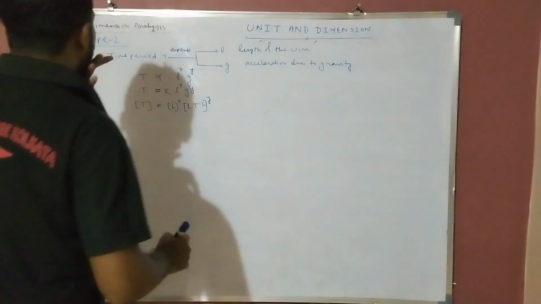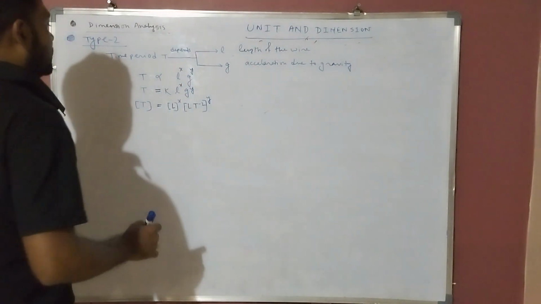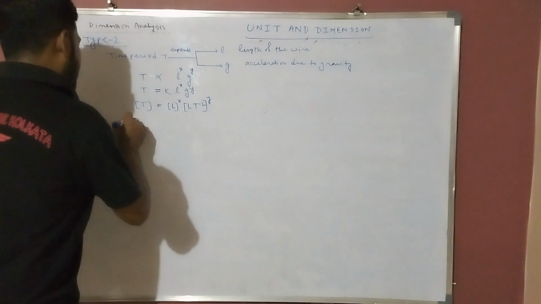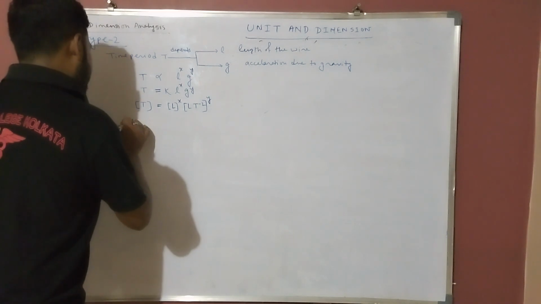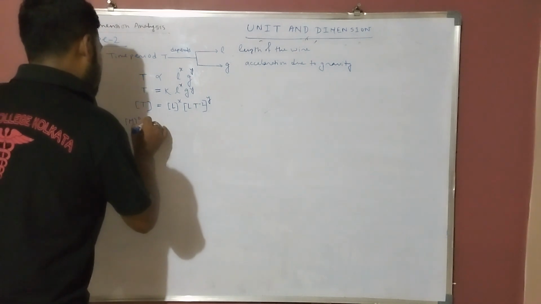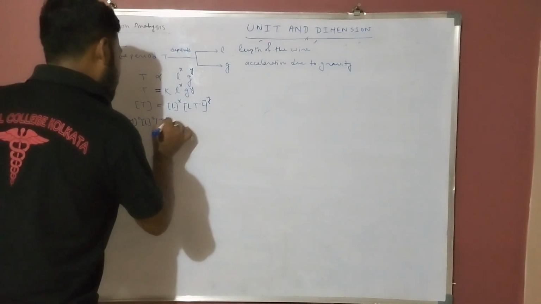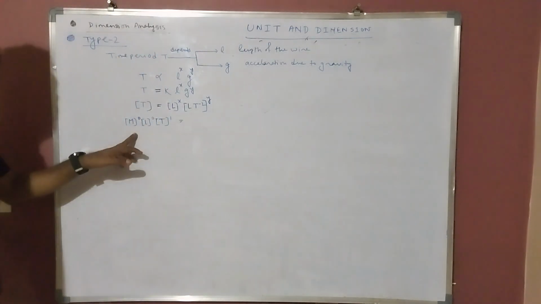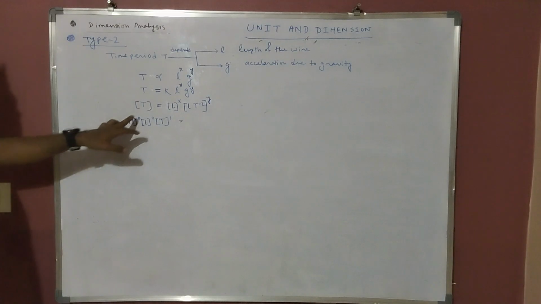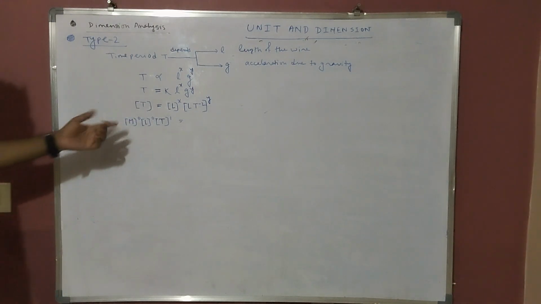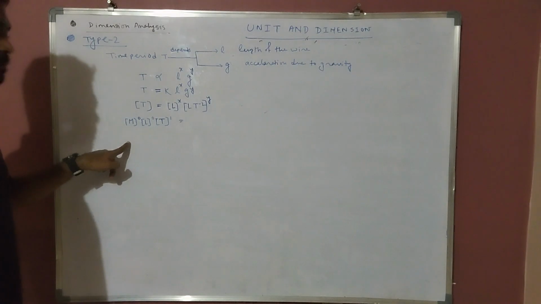Now we have to compare the dimensions of both left hand side and right hand side. Here we can write M naught L naught T to the power 1. Understood or not? M to the power 0 means 1, L to the power 0 means 1. That's why we can write this T in this way.